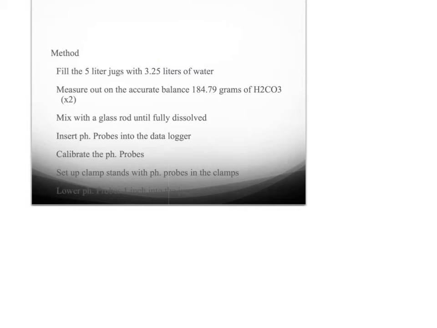We set them up in clamp stands and insert them into the jugs, and only after that do we insert the activated carbon filter into one of the jugs and the plants into the other. After that, we start the data logger, and our experiment goes for 20 hours.